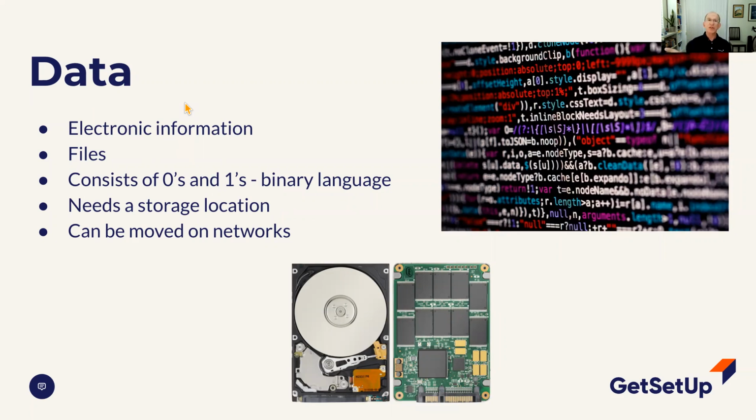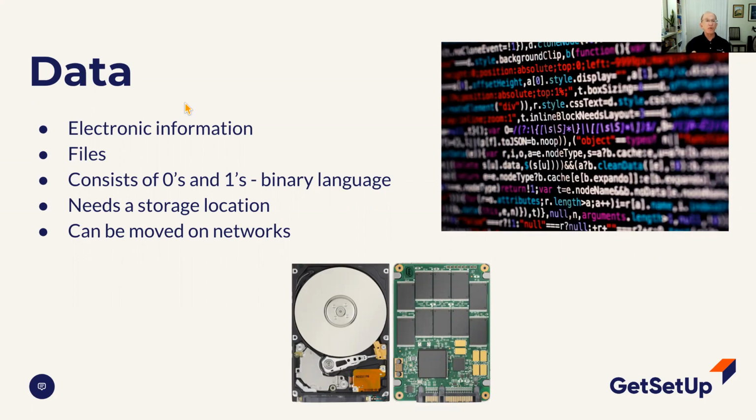So now we can actually communicate with video, which is a lot of information. But this is just a piece of electronic information. Instead of a paper letter, it's an electronic document, and it can be sent and received.